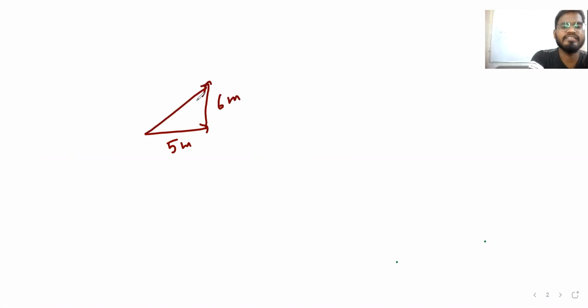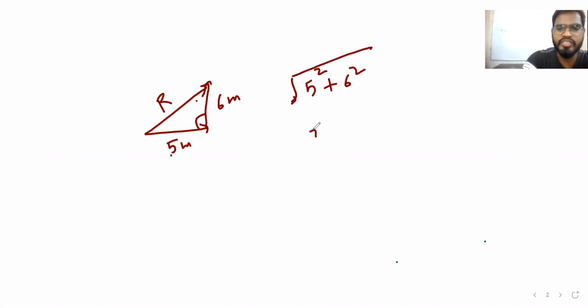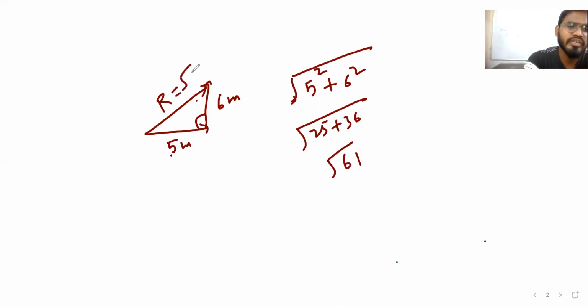Suppose one vector is like this, let's take 5 meter, another vector is of 6 meter, then we can say this is the resultant. Now how will we find it? If this is 5, this is 6, and the angle is, let's take 90 here, you are supposed to take root under 5 square plus 6 square, so 25 plus 36, root under of that, 61. So R is going to be root 61.